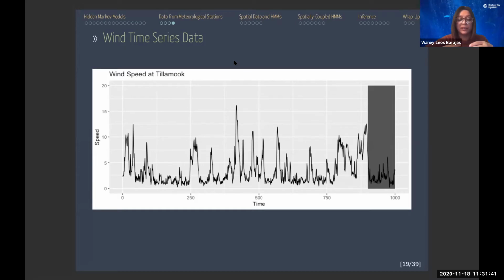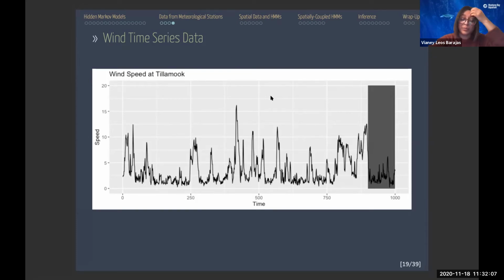You might want to think about how the wind will look over the next 24-hour period. Is it going to be a good day for wind energy production? If the wind is too high, they'll have to turn off the wind turbines because something might happen to them. If it's too low, is it even worth turning on the turbines and losing that energy?